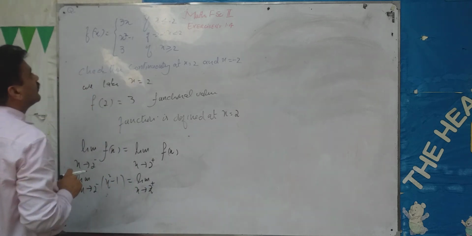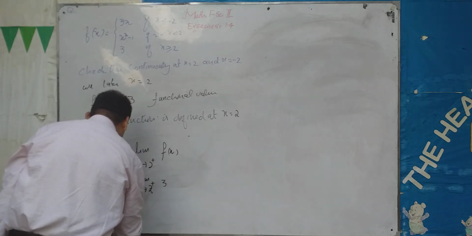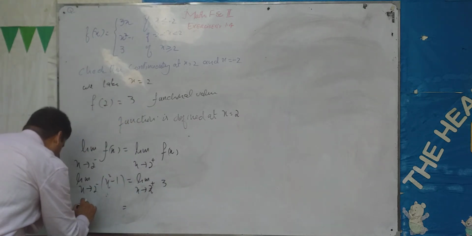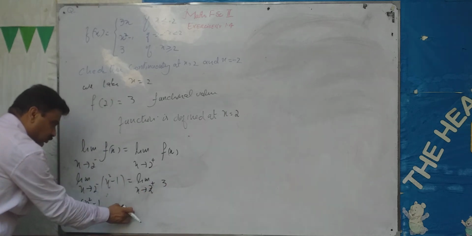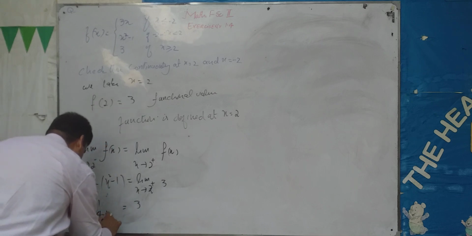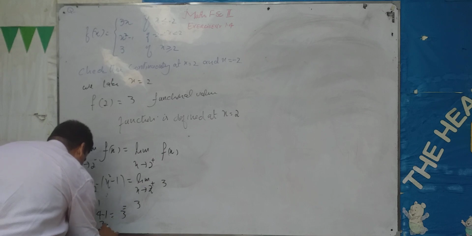the function value is 3. When we place x equal to 2, square of 2 minus 1, and the limit of any constant is equal to the constant: 4 minus 1, 3 is equal to 3.